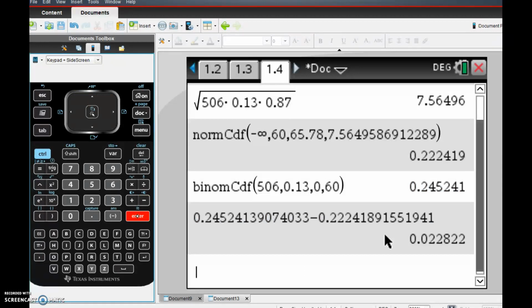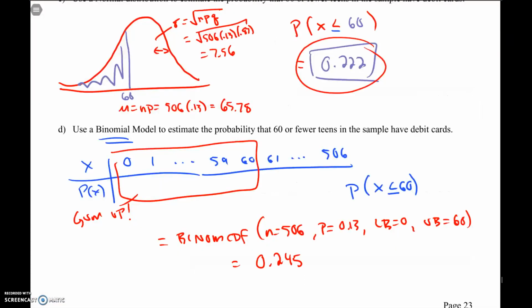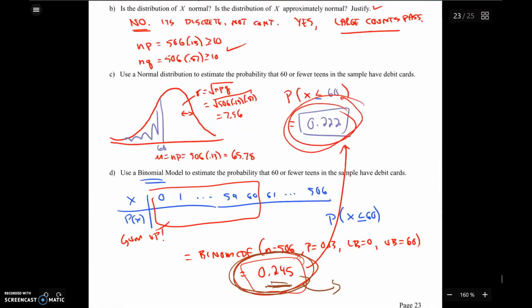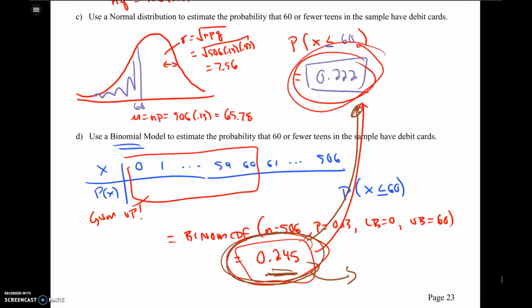So I get an error of about 2%. Now let me just point out to you that this is an approximation of the binomial, but let's not forget that the binomial is actually an approximation of the model that has no independence. I will tell you though that this number is really, really close to the true value for that model. This is approximations upon approximations upon approximations. Anyway, that's how you do it.